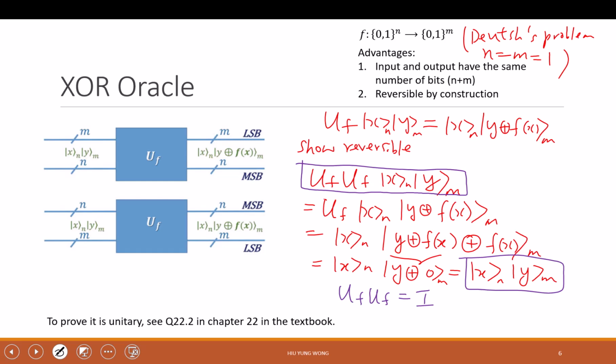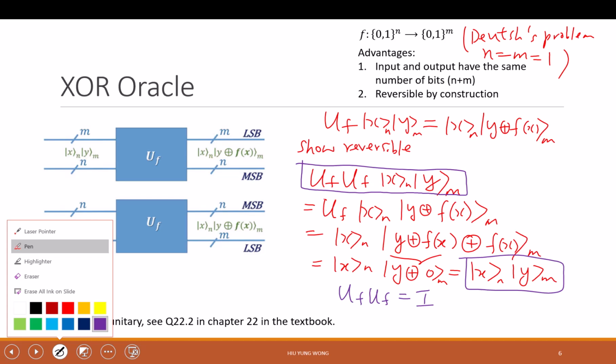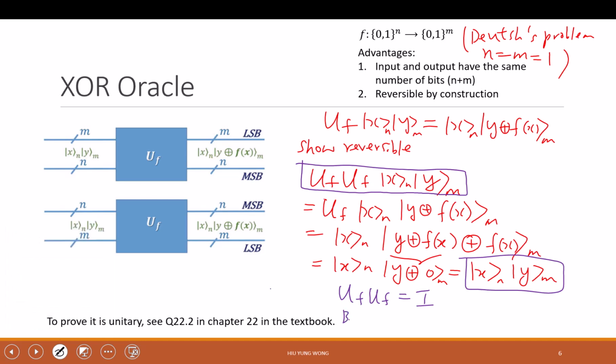But we also know that for any matrix, A times its inverse must be equal to I, the identity.